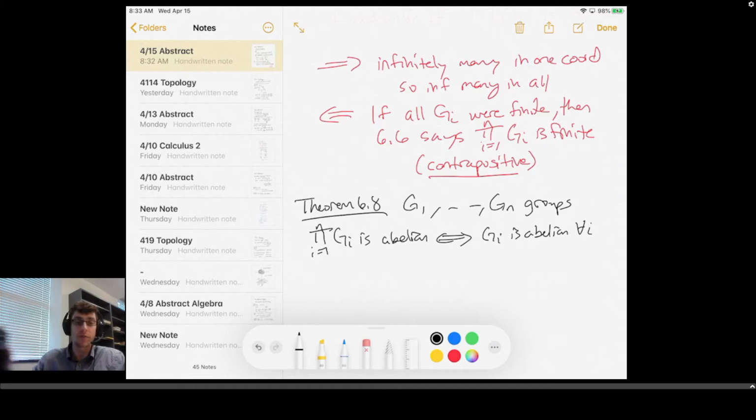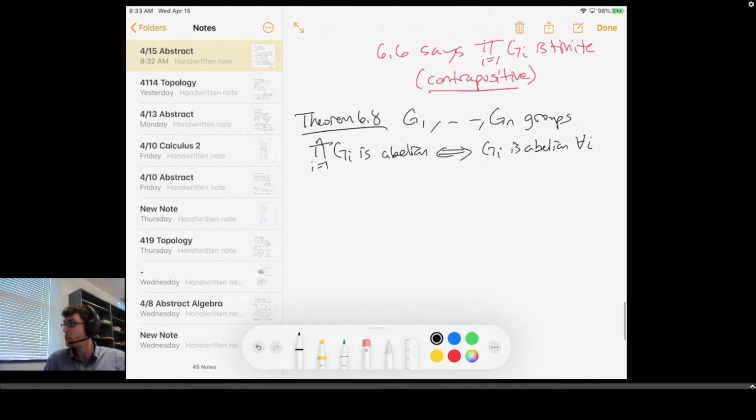There's no limitation. Now your cardinality can change, in terms of what type of infinity you're talking about, but otherwise it still makes sense and it's definitely infinite.